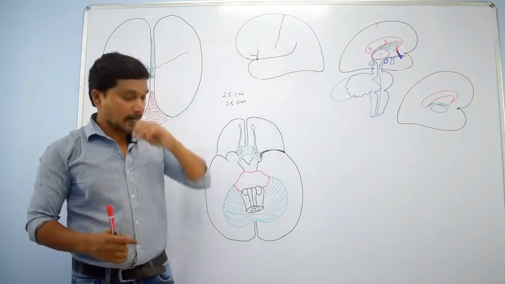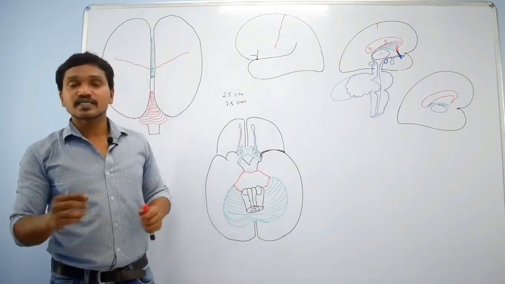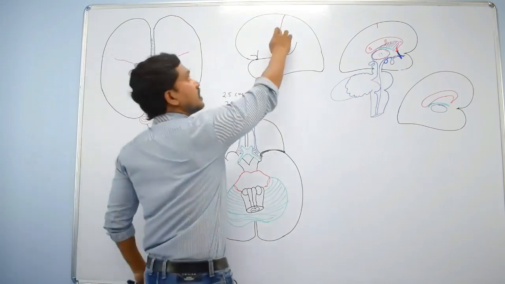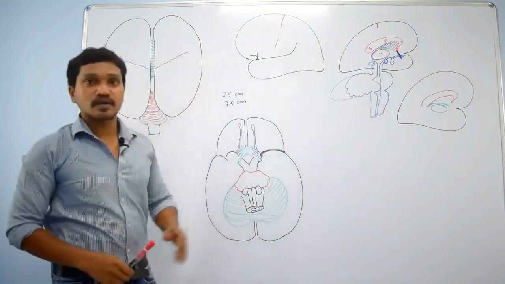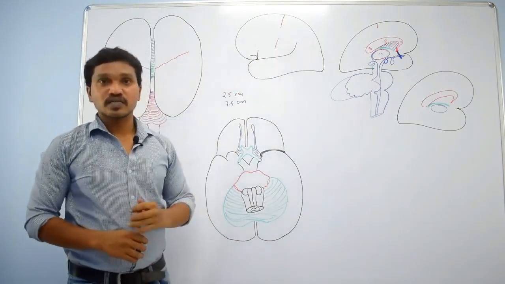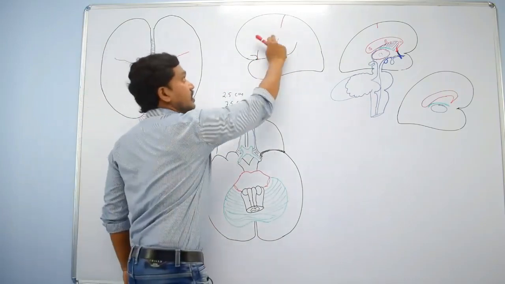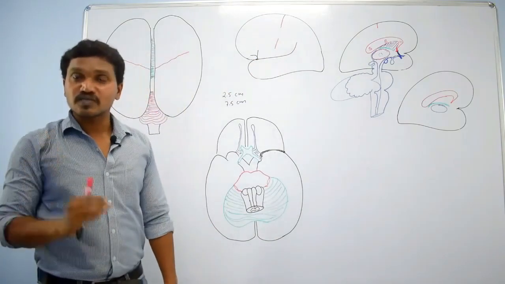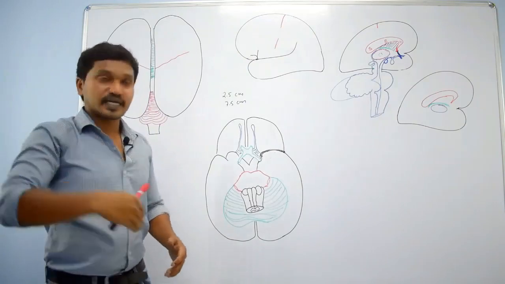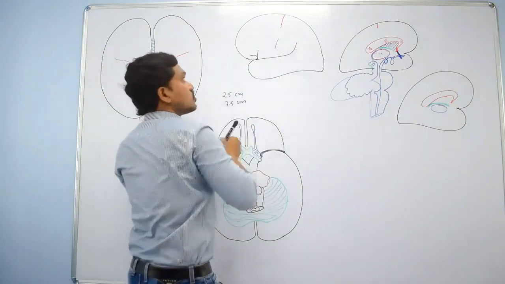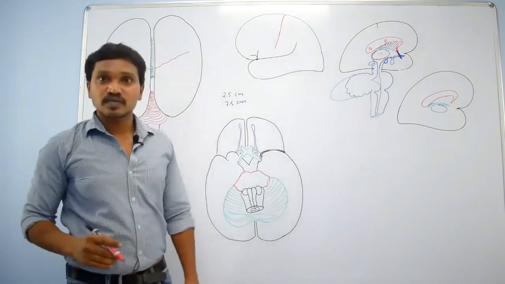There is one more point. During development, the central sulcus develops as two small sulci, an upper sulcus and a lower sulcus, separated by a transverse gyrus. During development this transverse gyrus is buried deep and the two sulci unite and form the central sulcus.